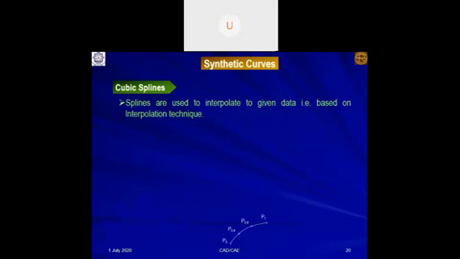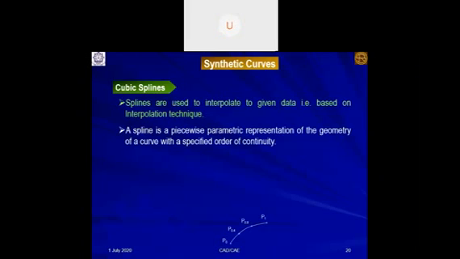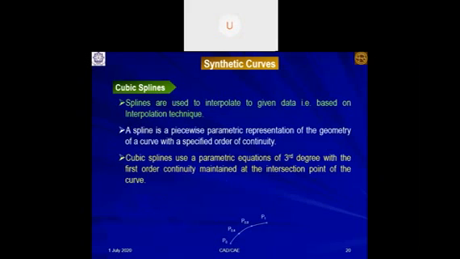Knowingly or unknowingly, you have used this cubic spline in your engineering drawing class. In CAD it is constructed by interpolation techniques, and it is a parametric representation with a specified order of continuity, the first order continuity.